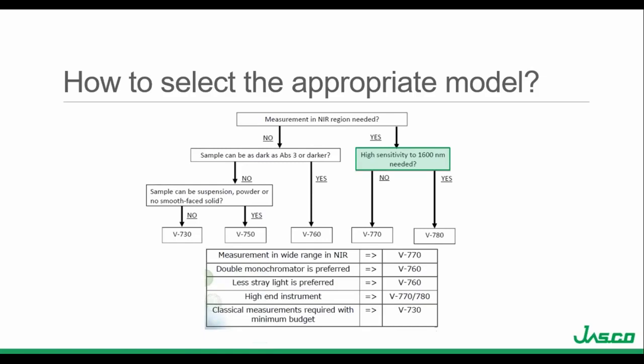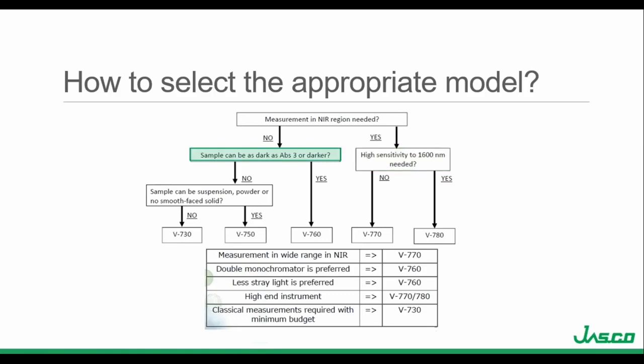However, if you don't need high sensitivity and really just need to get to 3200 nanometers or above 1600 nanometers, then you would want to go with the V-770, which is the lead sulfide detector model. However, if you're not really concerned with sensitivity and you don't need to get out to 3200 nanometers and going to 1600 is fine, the V-770 would still be a better option due to the price.